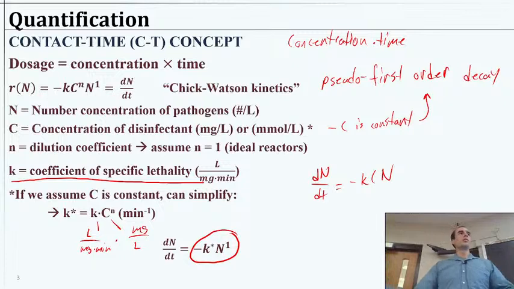This is going to include the specific coefficient between a given organism and a given disinfectant, plus the concentration of our disinfectant. And we can ultimately boil that down into some K star that's going to combine the two. So this is going to bring us to a first order decay reaction in effect. We might see it written as pseudo first order, but that's basically the point.